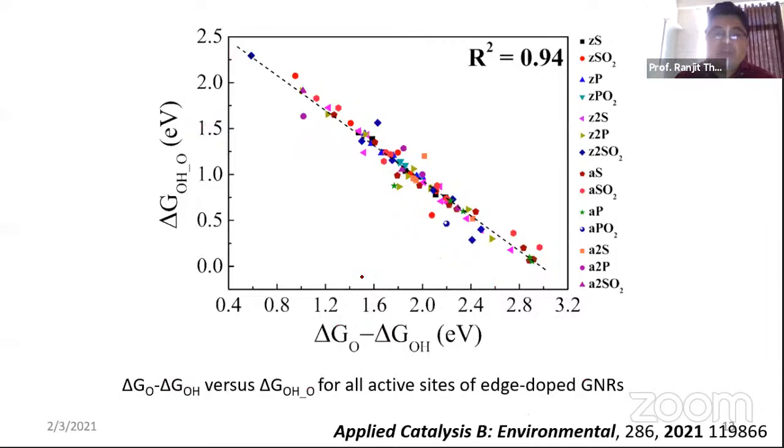So when we plotted the relations of different energy parameters, we found that they have a very good R-square value, goodness of fit. That means whatever we have predicted is very much correct, and oxygen plays a very important role in defining the OER activity.